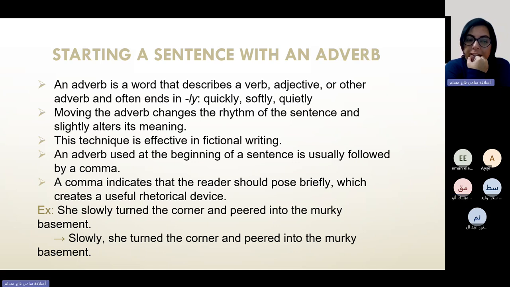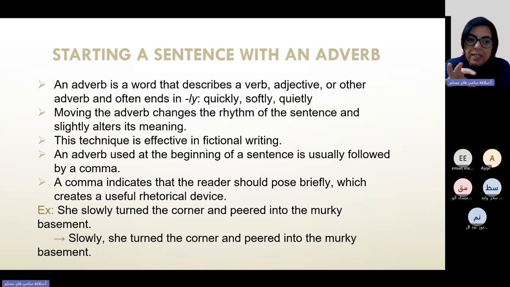Oh, okay. So, she slowly turned the corner. Here, where is the emphasis? On the turning, on the movement. Now, with "slowly," the emphasis is on timing. Okay, slowly she turned the corner.